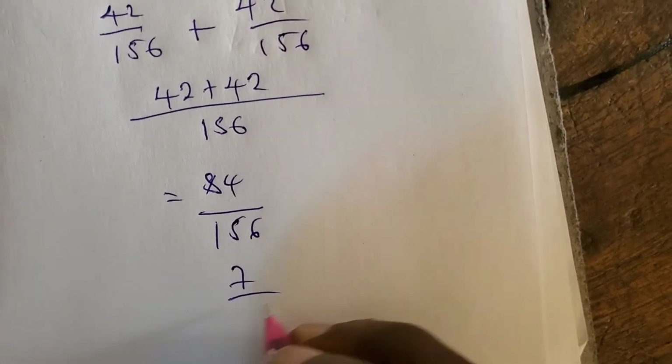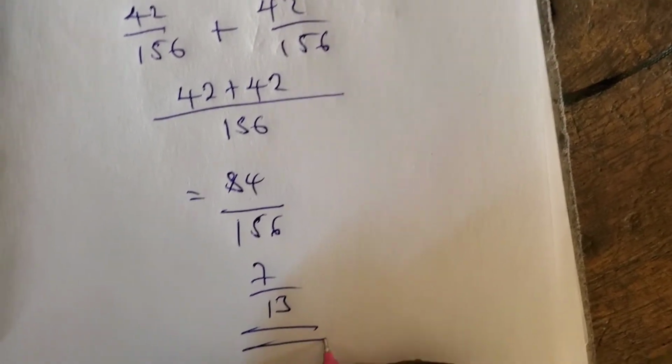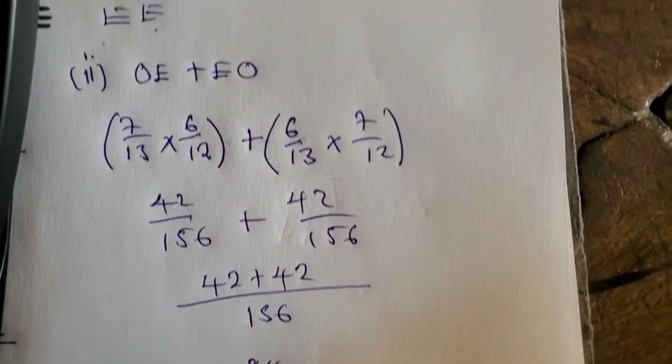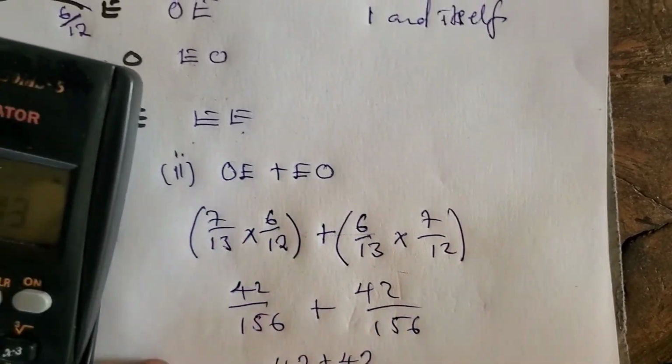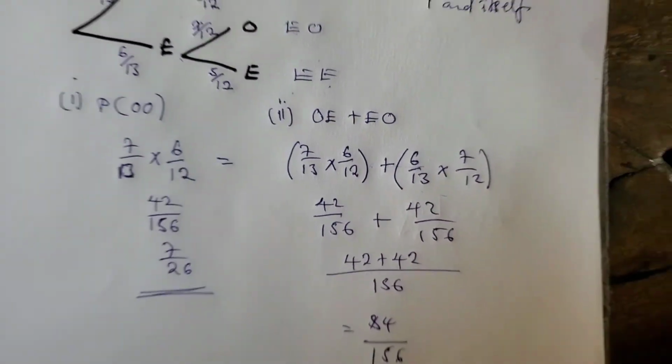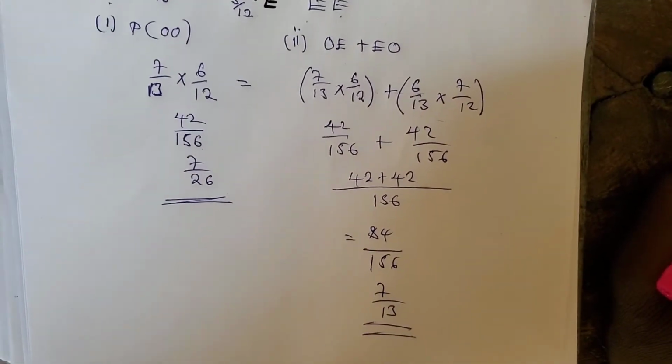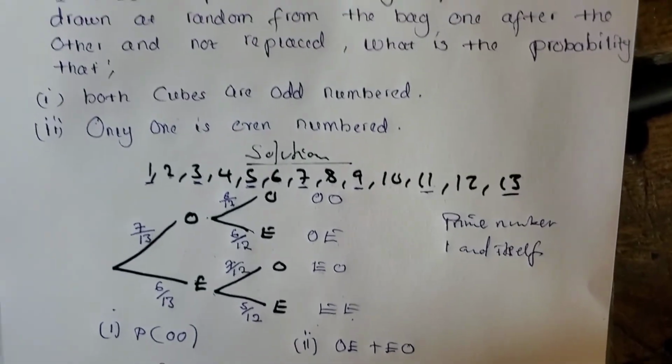So say 7 over 13. This is our answer. The reason why it was 3 marks is because it was involving this side and this side. Okay, that's it. So that is the answer to this question.